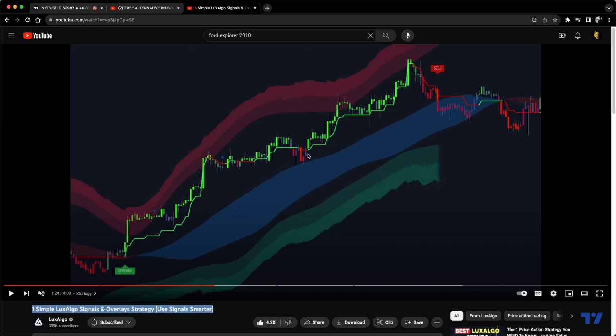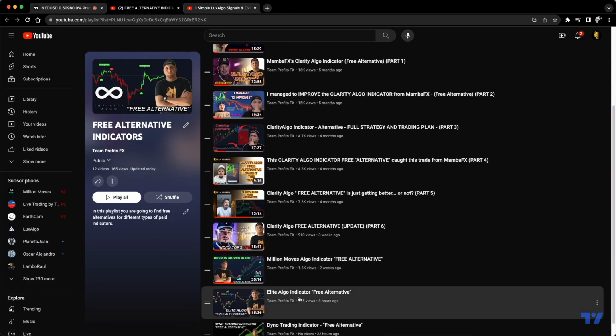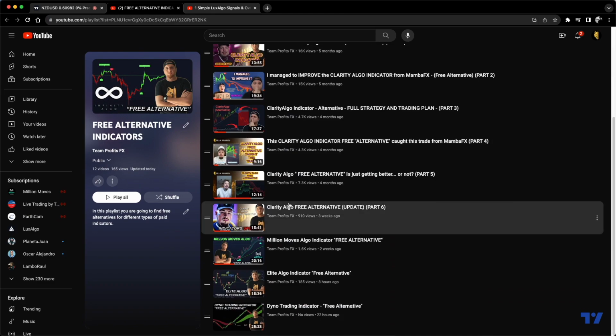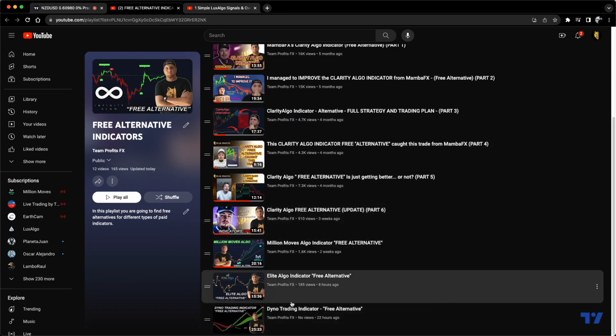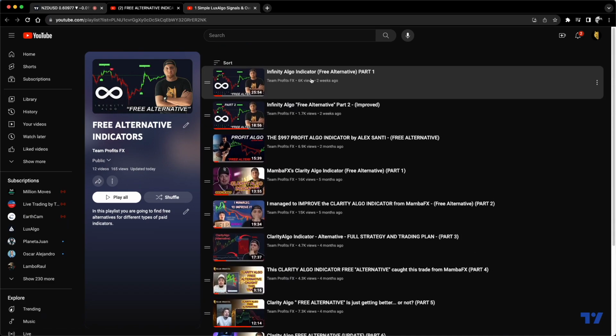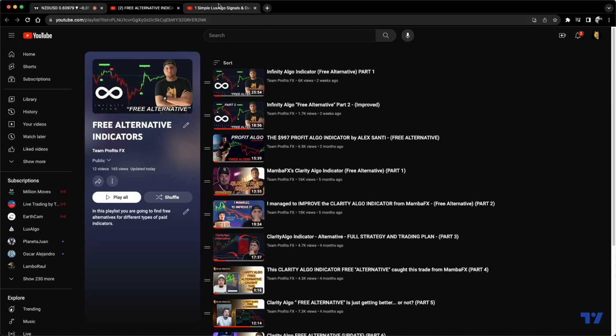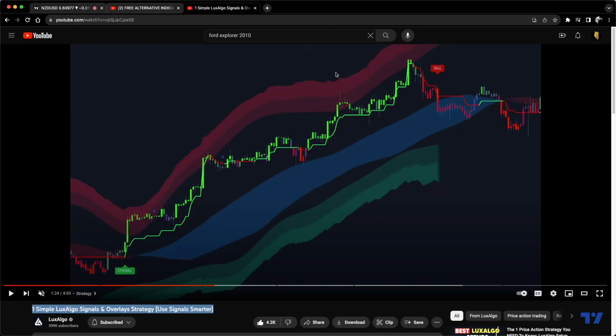If markets are ranging, it's going to be lacking and you're going to have a lot of false signals. This is like any other indicator I've been explaining through this list; they're all trend indicators, based on trending markets. If you don't know how to use it, or don't know what price action and risk management are, you're going to be losing a lot of money. So just be careful.